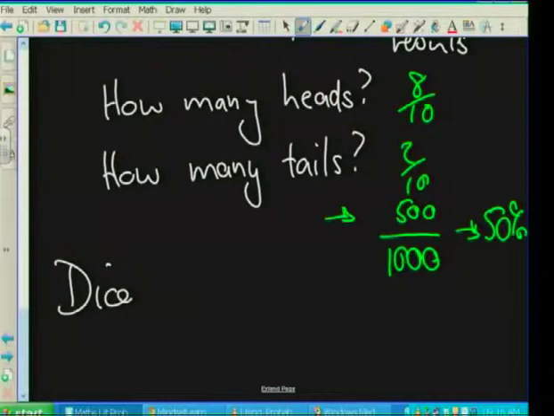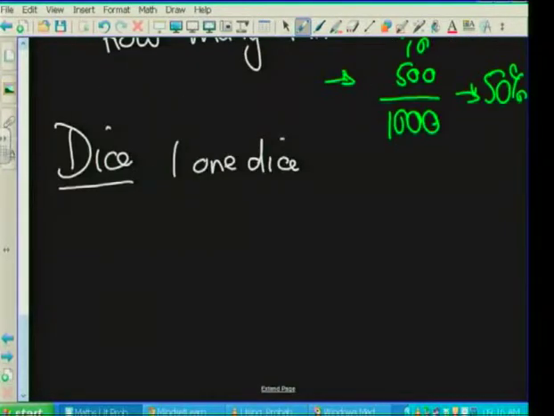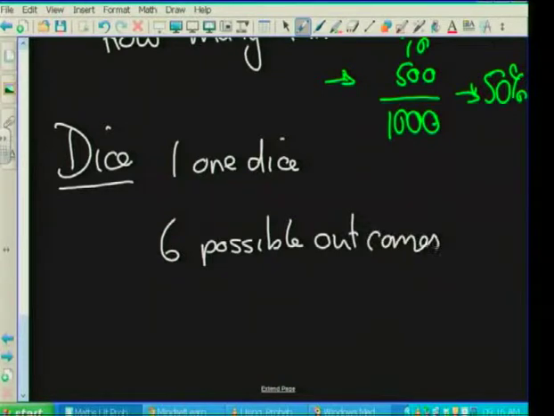Of course, you could deal with dice as well, and dice are really interesting. We could use 1 dice. And remember, what we've got here in 1 dice is 6 possible outcomes, because we can roll a 1 all the way through to a 6.